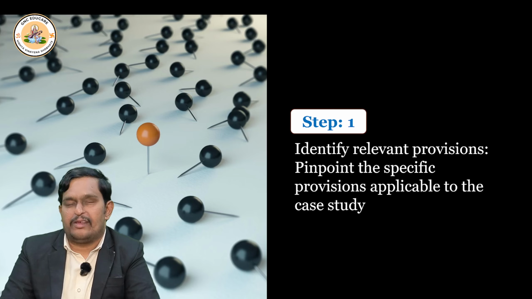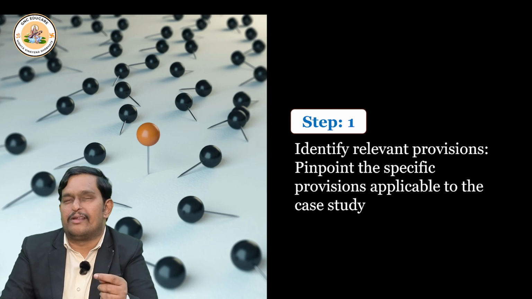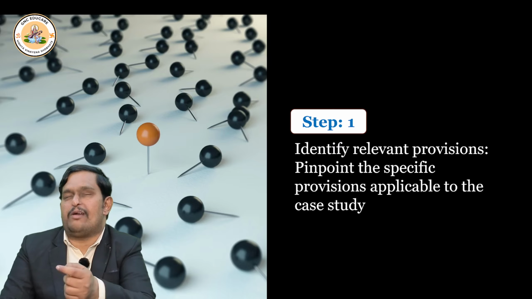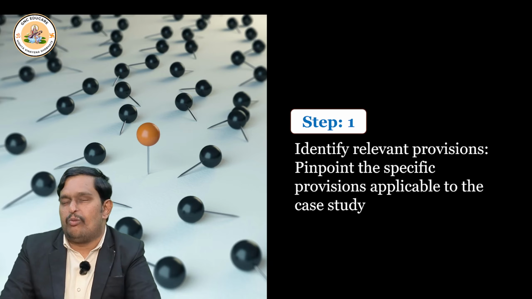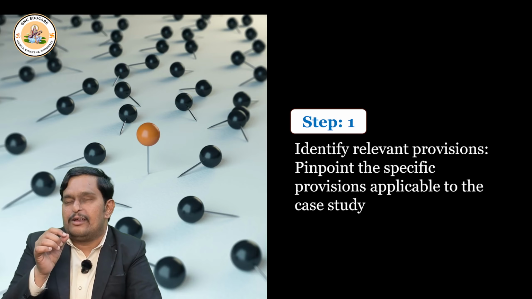Maybe you would have found so many other case laws. When you read those case laws or even examples, in your exams, the cases are exactly the replica of the same. So what is the relevant case law? What is the relevant provision, section you have to identify?